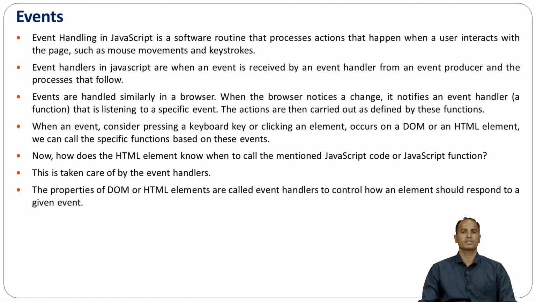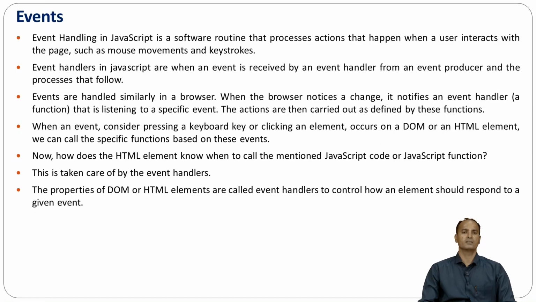When the browser notices a change, it notifies the event handler that is listening for a specific event. The actions are then carried out as defined by these functions. When an event, consider pressing a keyboard key or clicking a mouse on an element, occurs on a DOM or an HTML element, we can call the specific functions based on that event.